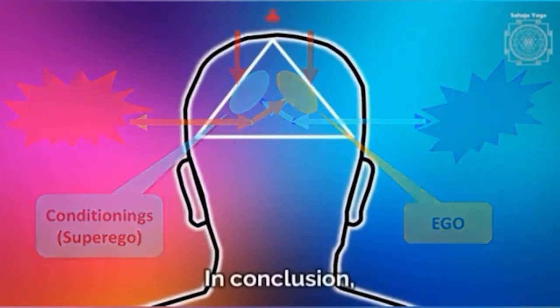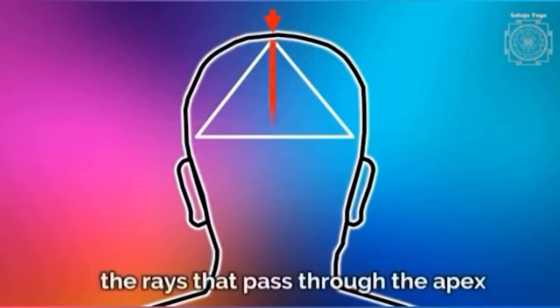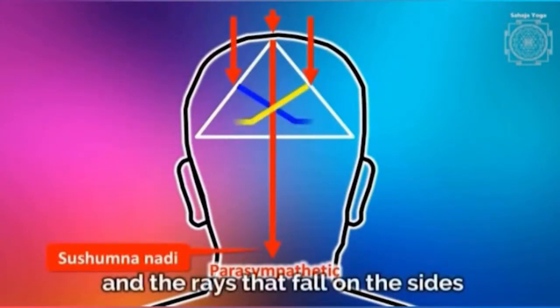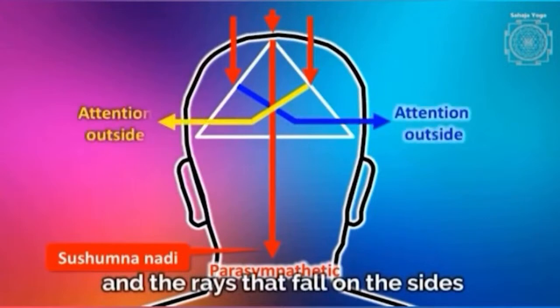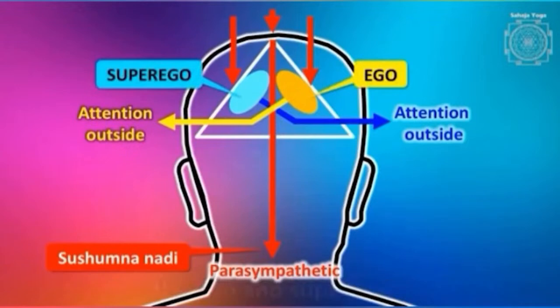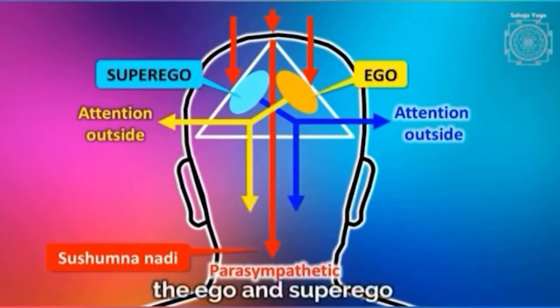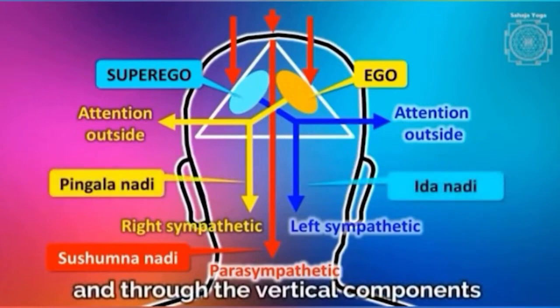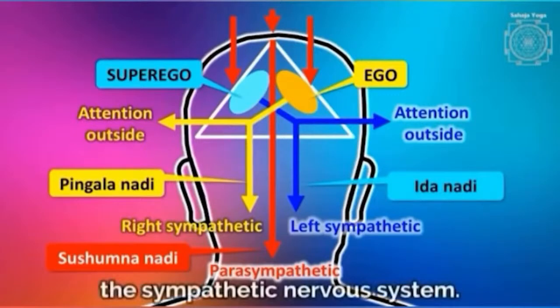In conclusion, the rays that pass through the apex form the parasympathetic system, and the rays that fall on the sides form, through the horizontal components, the ego and superego, and through the vertical components, the sympathetic nervous system.